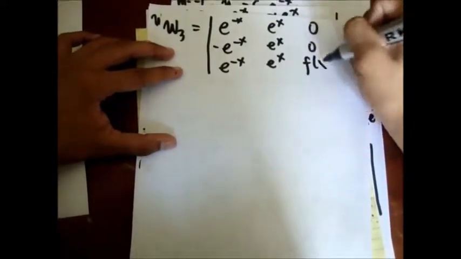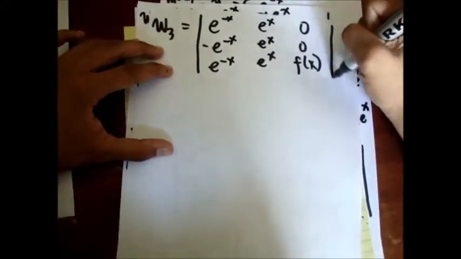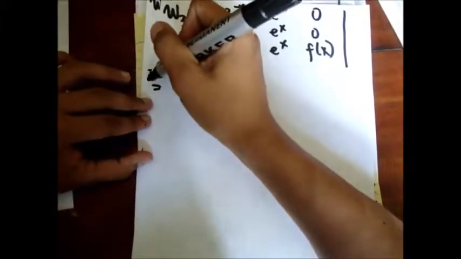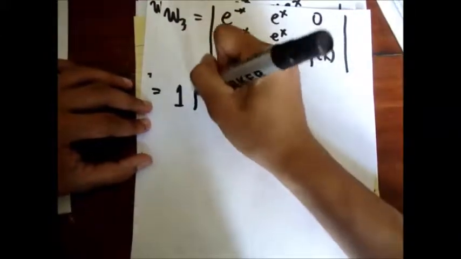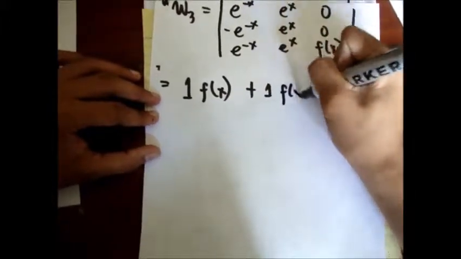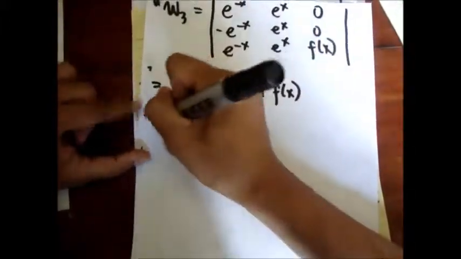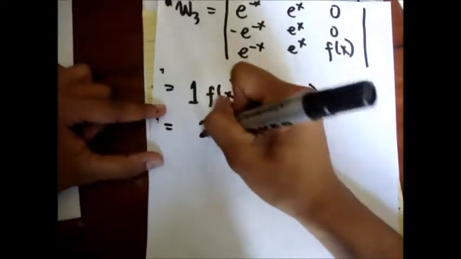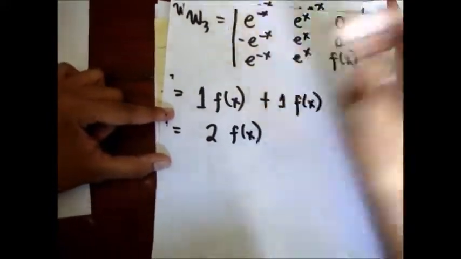Then the third column is 0, 0, f of x, just like we did for W1 and W2. Using the basket method again, we get 1 f of x plus 1 f of x. So we get 1 plus 1, 2 f of x.